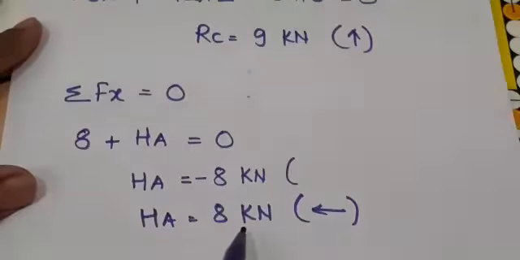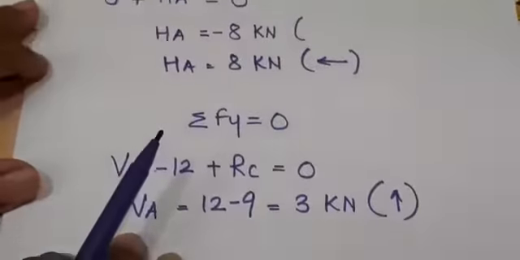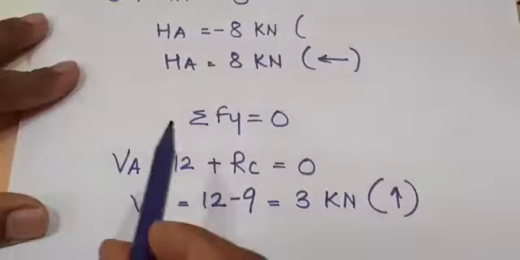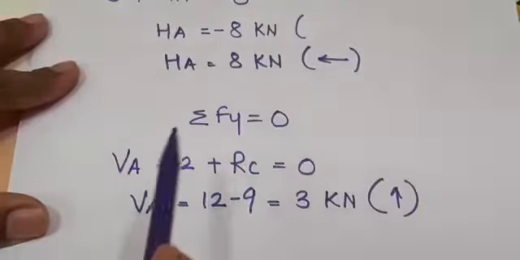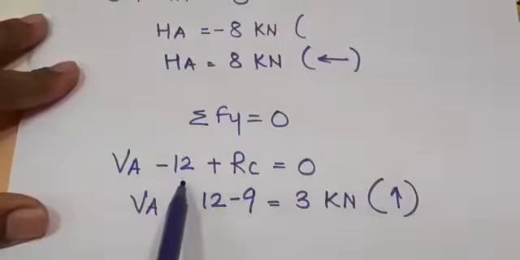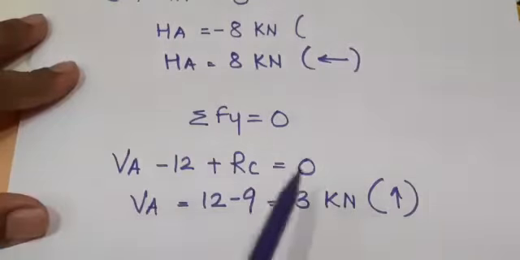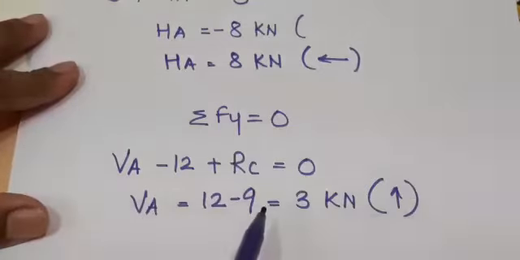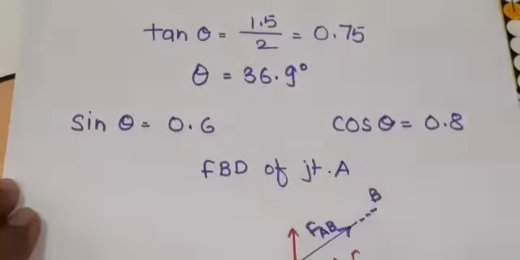Hence HA is equal to 8 kilonewton in leftward direction. Now applying the last condition, summation Fy is equal to 0, which gives VA minus 12 plus RC is equal to 0. So VA is equal to 12 minus 9 is equal to 3 kilonewton in upward direction.